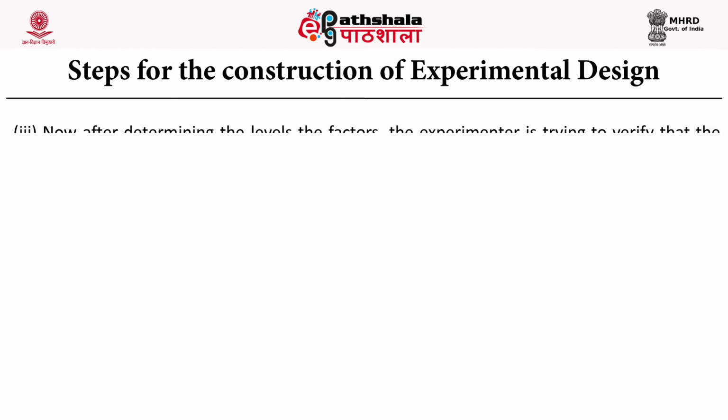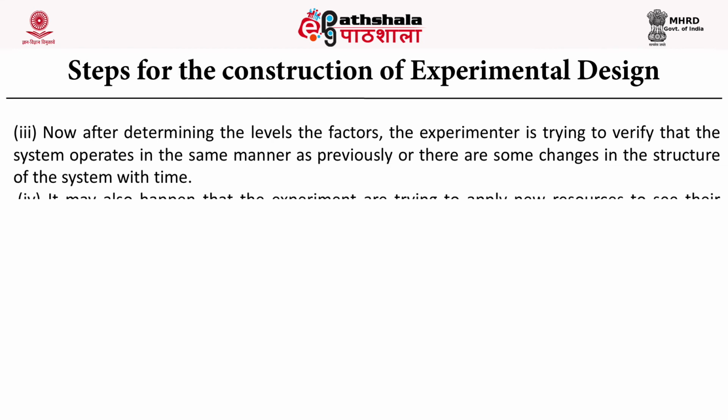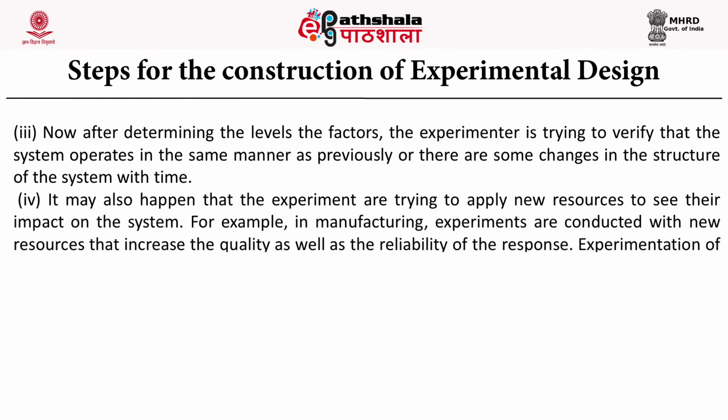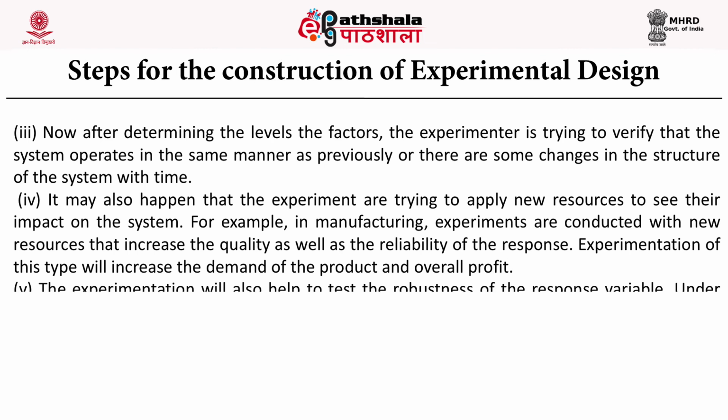The third step is, after determining the levels of the factors, the experimenter tries to verify that the system operates in the same manner as previously, or whether there are some changes in the structure of the system with time. It may also happen that experimenters try to apply new resources to see their impact on the system.